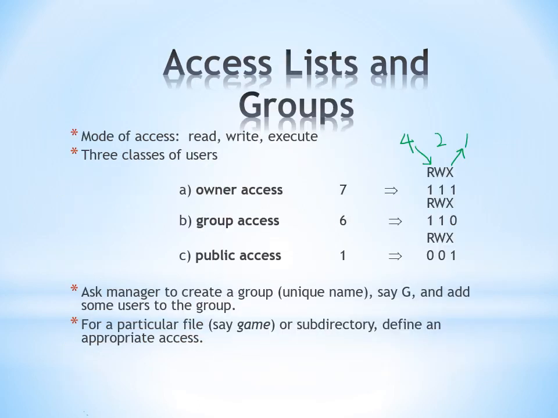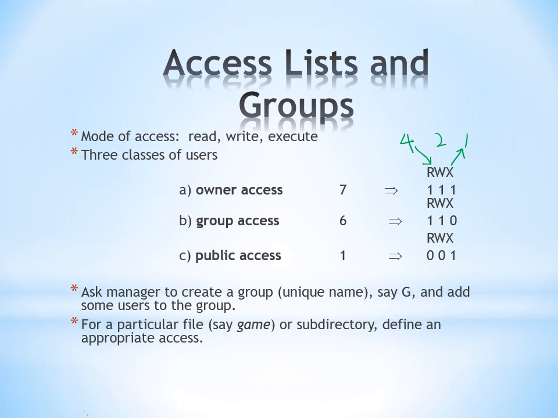In the access list and the group of the file, they have a mode access of read, write, and execute. Basically, read, write, execute will be represented either in text as RWX or by a value.